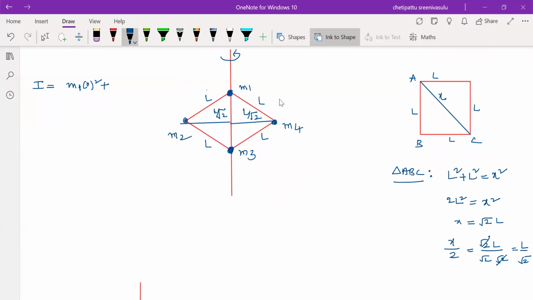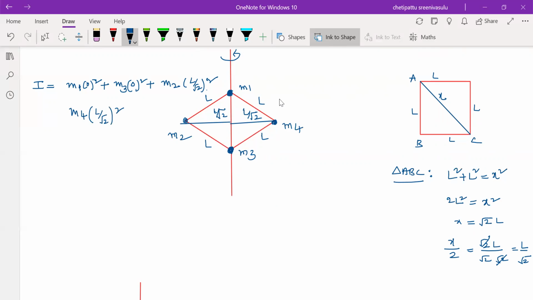For mass M3, you look here, this is also located on the axis, so no perpendicular distance, 0 square. Next, M2 is at a distance of L by root 2 whole square. Next, you take M4 into L by root 2 whole square.